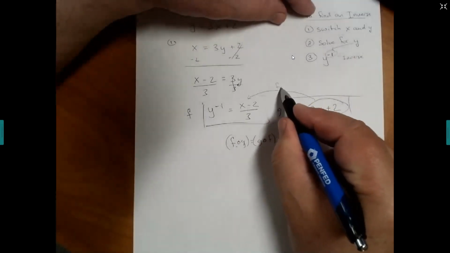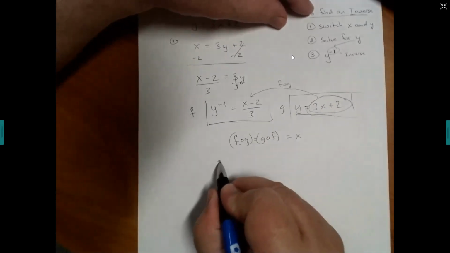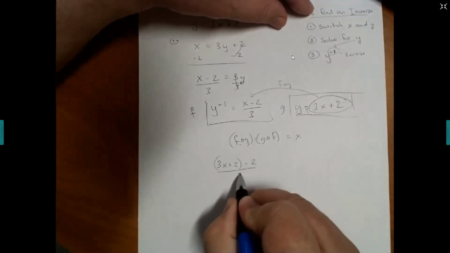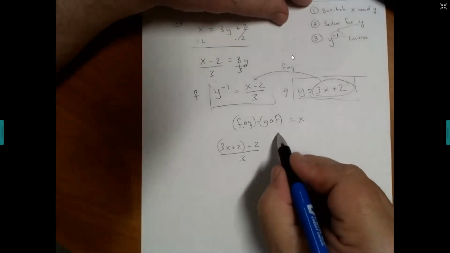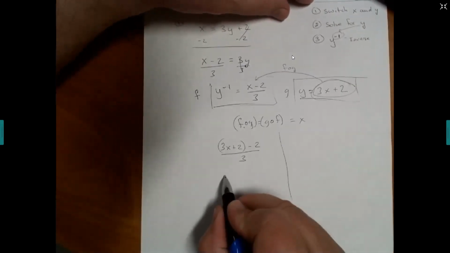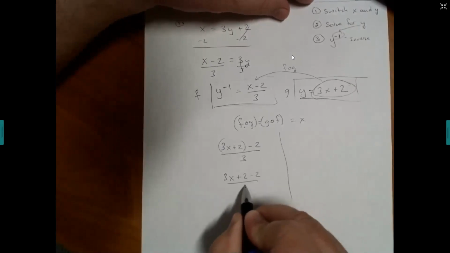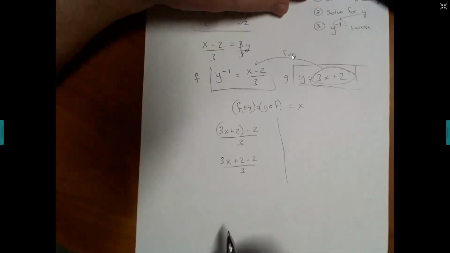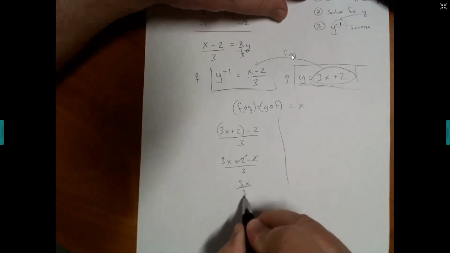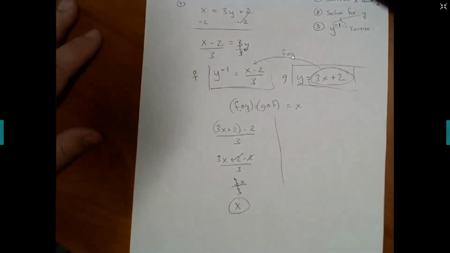This is f of g. So I have 3x plus 2 minus 2 over 3. I don't need the parentheses. So 2 and negative 2, the x's cancel. Okay, so the f of g works.